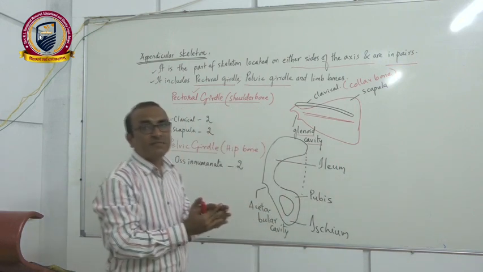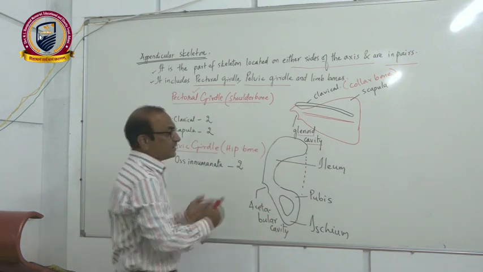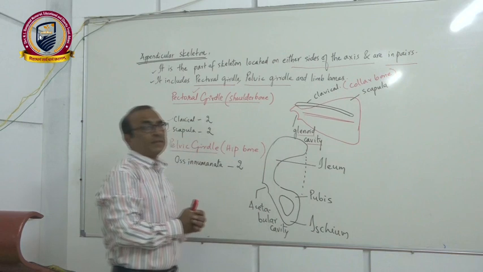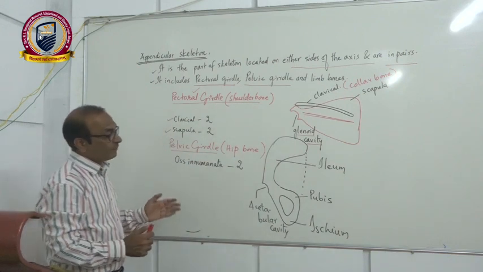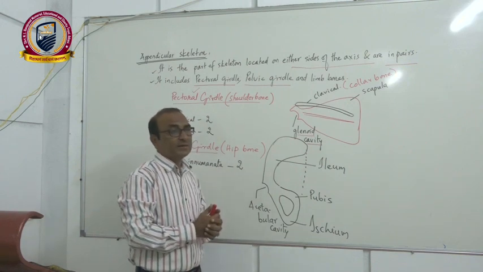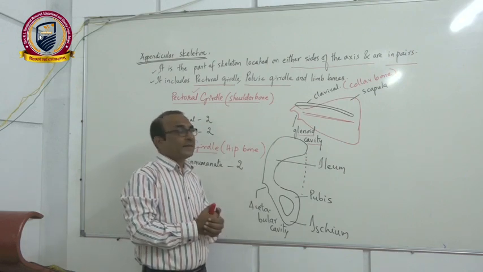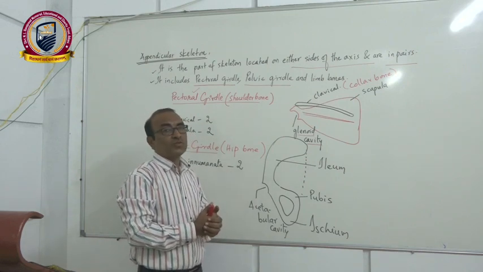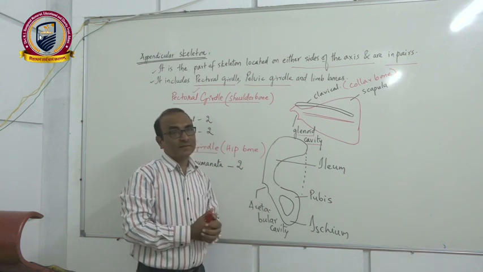The cavity in between the two ossa innominata is wider, whereas in men it is narrower. So that is how, even if you have a dead skeleton remaining in an accident, if the complete body is burnt, we can identify whether that burnt person was a man or woman by looking at the pelvic girdles.